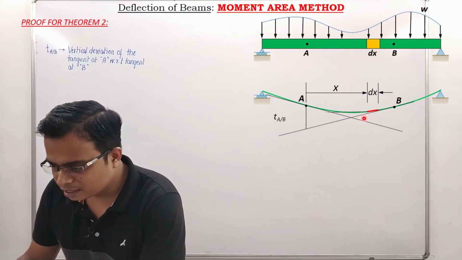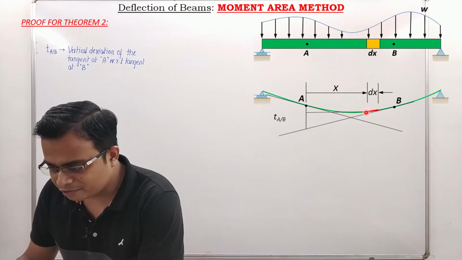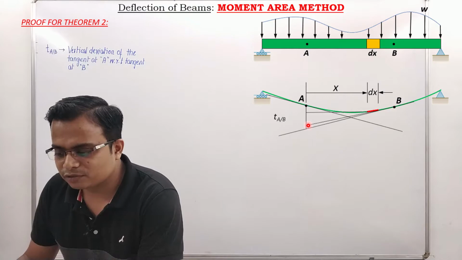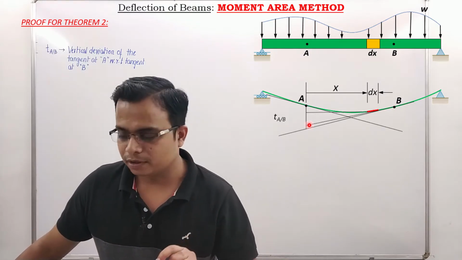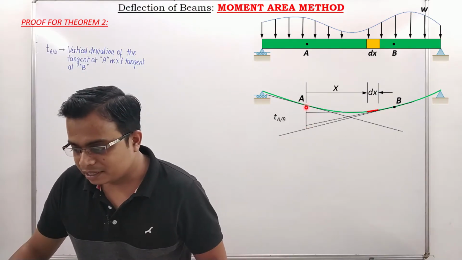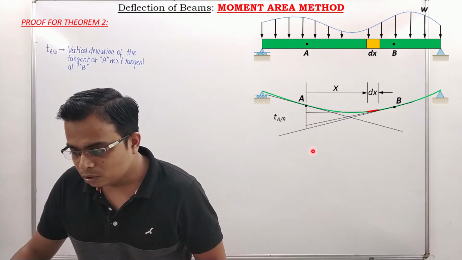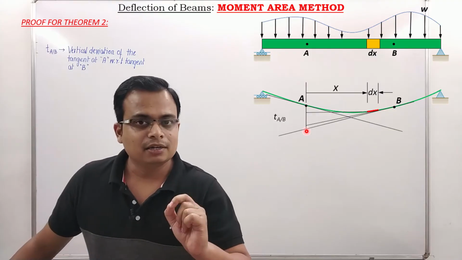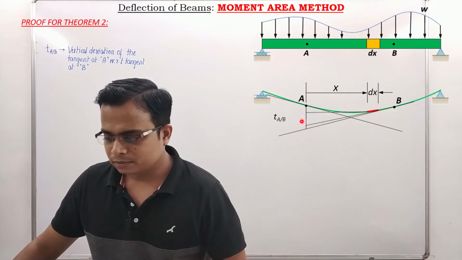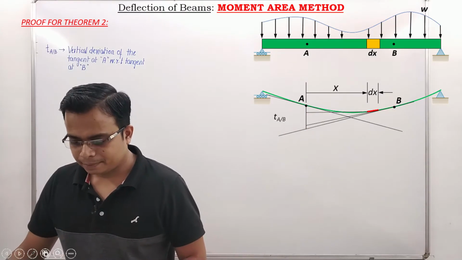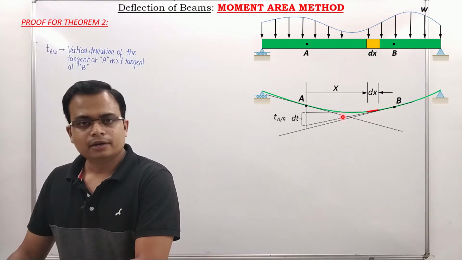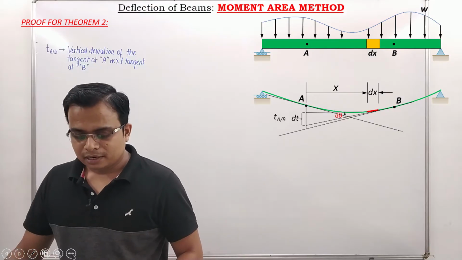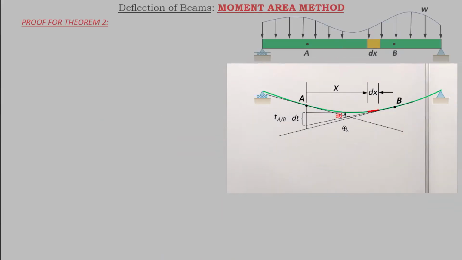Tangent 1 from the left end of the element, and this is tangent from the right end of the element. This small vertical deviation is what we will refer to as dt. Since this entirely is t, from that a very small portion is going to be dt, and the angle subtended over here is obviously going to be d theta. Let's zoom into this. Here we go.